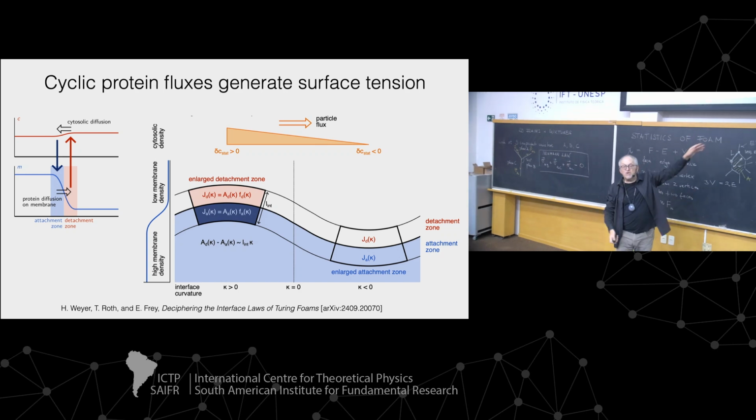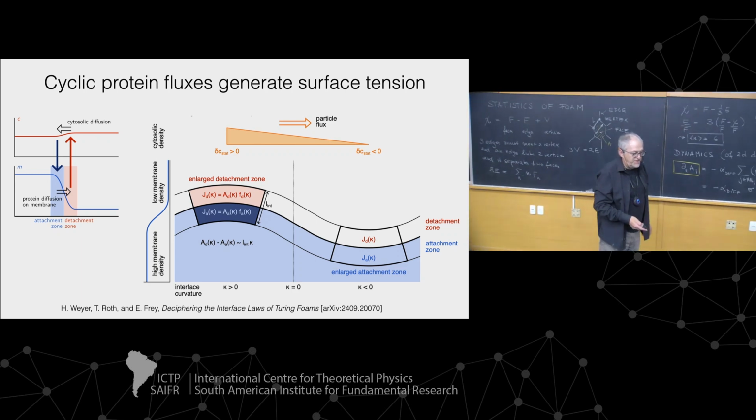Because you fill the hole that you have on the right. So this interface will straighten. And here we go. That means there is the same effect as you have for mechanical forces. There is a reduction in the length of the interface because of the cyclic fluxes and the geometry.